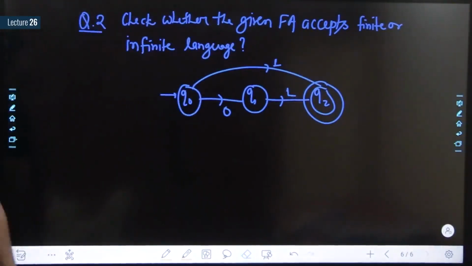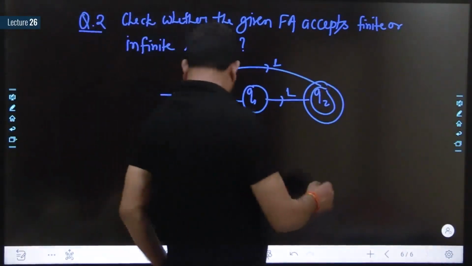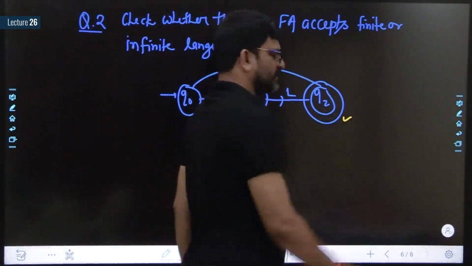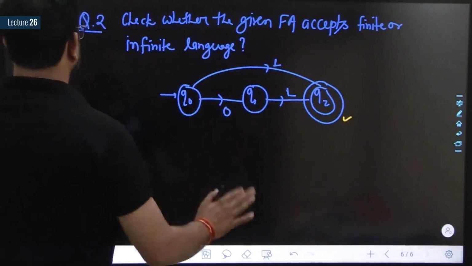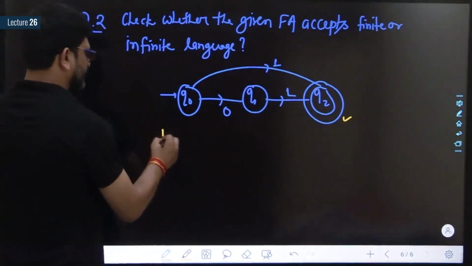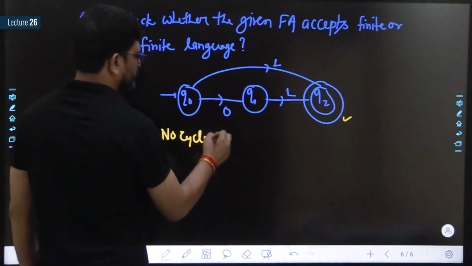If the resulting machine contains at least one final state, yes, it contains one final state. Is there any cycle or loop? No, there is no cycle, no loop.